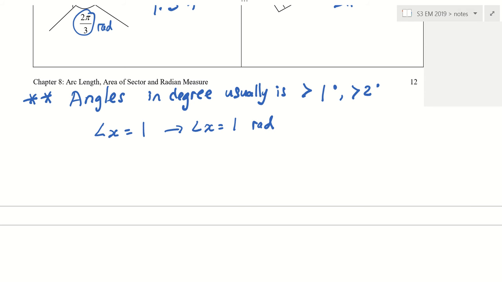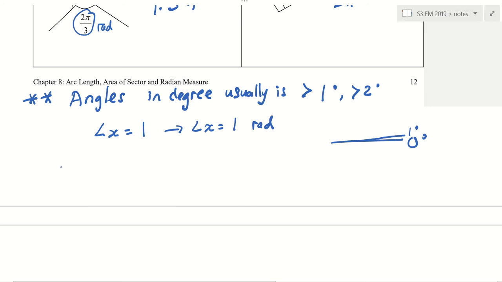Can you draw me a 2 degree now? Can you draw me a 1 degree now? This is 0 degree. 1 degree is as good as this. That is 1 degree, right? 1 degree is very, very tiny. However, can you tell me what is 1 radian? Now you try. What is 1 radian?